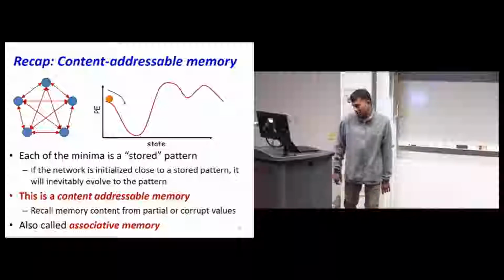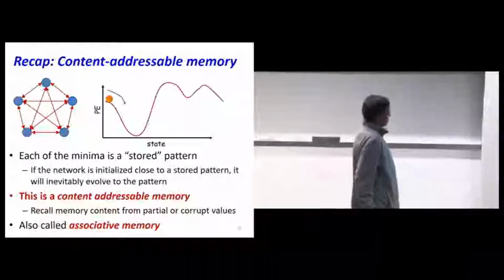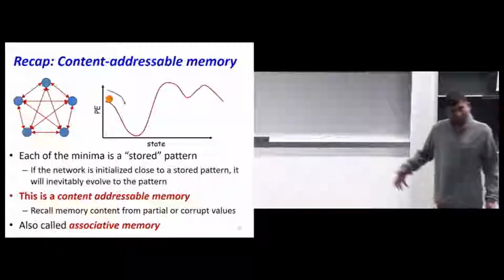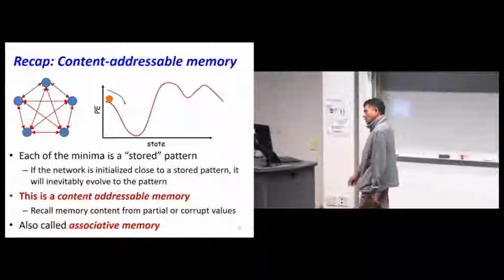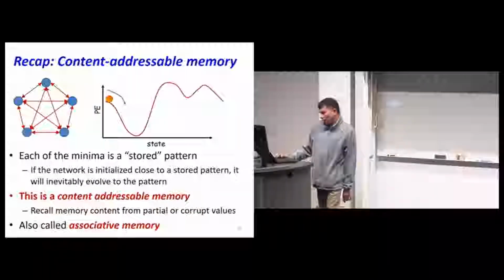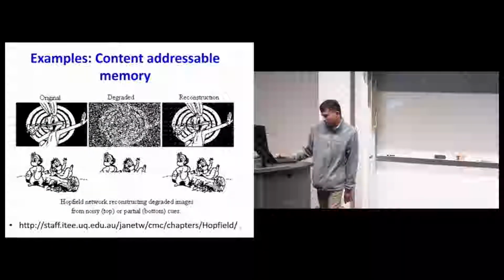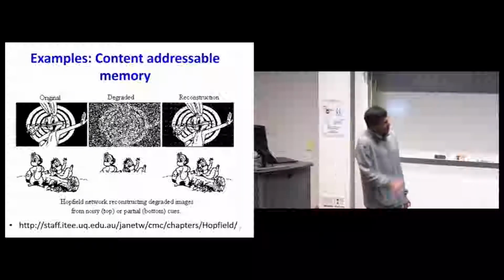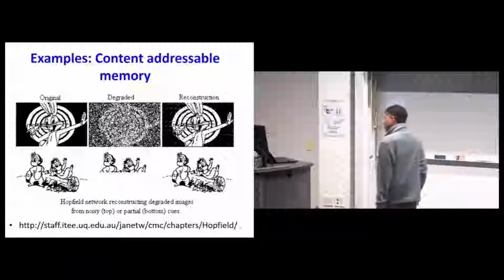And we saw that this is content addressable memory, that each of the minima in the energy contour is effectively a stored pattern. If the network is initialized close to a stored pattern, it's going to evolve into that pattern. So basically, you're recalling that pattern based on partial or corrupt versions of the stored pattern. We saw some examples where, if you had constructed a network to store specific patterns and you gave it degraded versions of the pattern, it would evolve to recall the entire pattern.